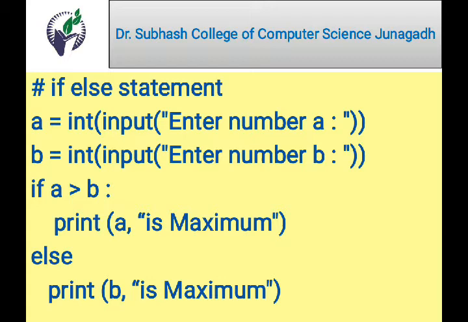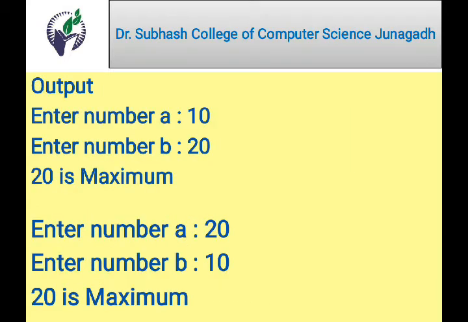Next we will see the if else if ladder, which means a series of conditions that we want to check. Here is the program outcome: enter number A 10, enter number B 20. 20 is maximum, that is B is maximum, because 10 greater than 20 was false, so the else part is executed.